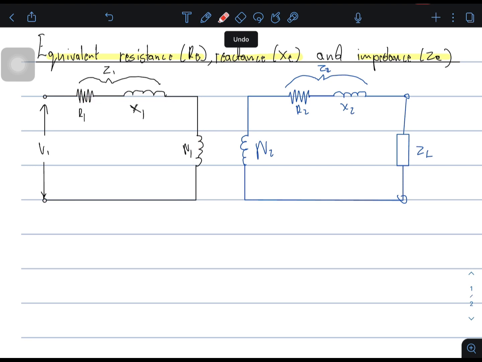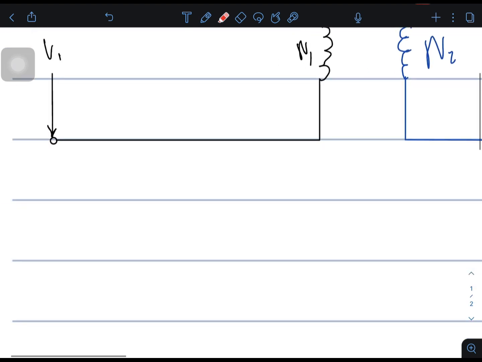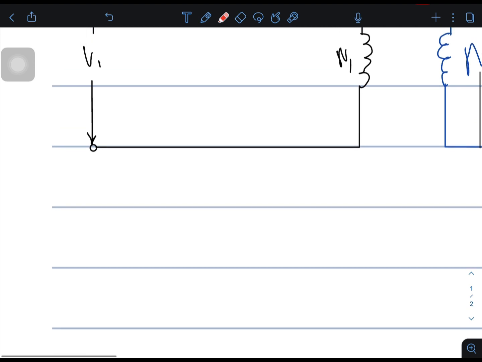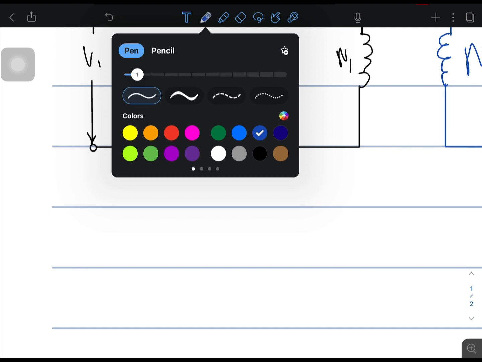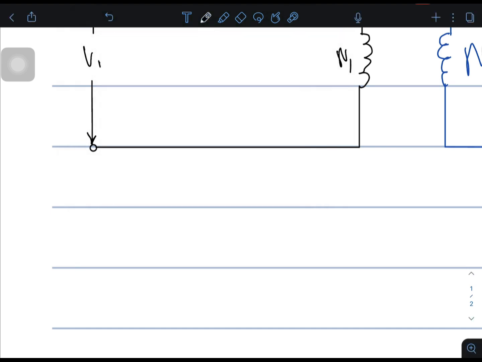Okay, so to simplify calculations to determine internal voltage drops with a transformer, we use something that is called the method of referring.